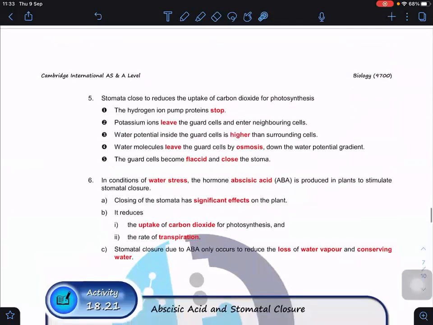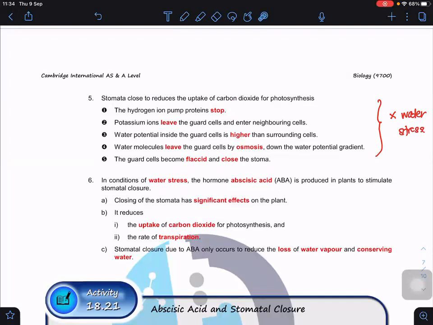Now, what we mentioned here is the reduction of the uptake of CO2 for photosynthesis. We want to close. Why? Let's say there's no sunlight already. So write this down: this is nothing to do with water stress. Under normal conditions, we still remember the rhythmic opening and closing, right?